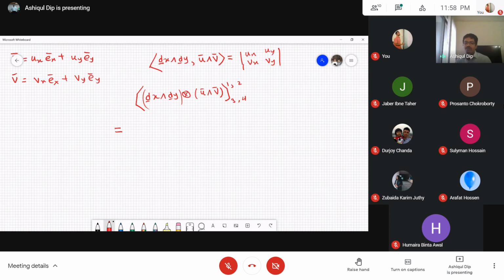What is the contraction procedure? This dx wedge dy times u wedge v, this whole thing has 4 slots, right? Two of them can take vectors, two of them can take one-forms.